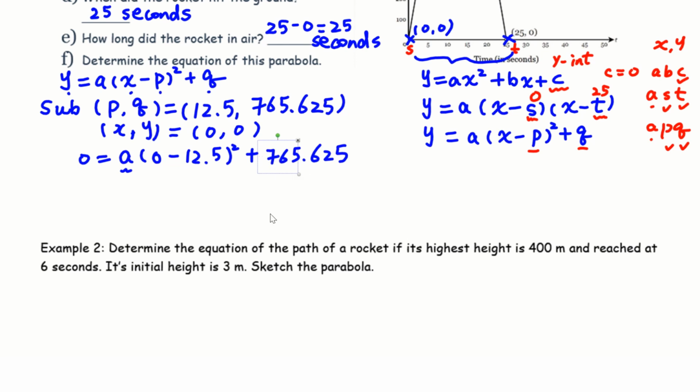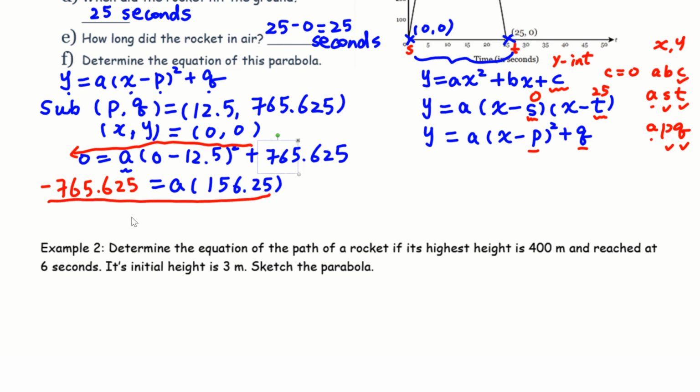We move the 765.625 to the other side to isolate the a value, so it becomes negative 765.625 equals a times (0 minus 12.5) squared. Use your calculator, and you will find it is a times 156.25. To solve for a, we move the 156.25 to the other side by doing the opposite operation, so both sides divide by 156.25.